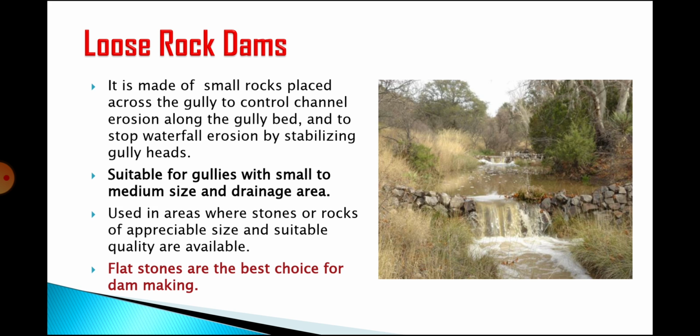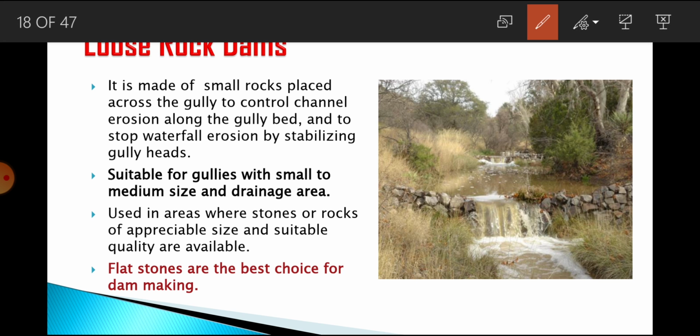And one more thing is that don't think that a single structure will solve the purpose. This is one structure, but at a certain distance, say 10 meters or so, or 1 kilometer or so, you have to place these structures across the gully at proper intervals, so that your erosion could be minimized.